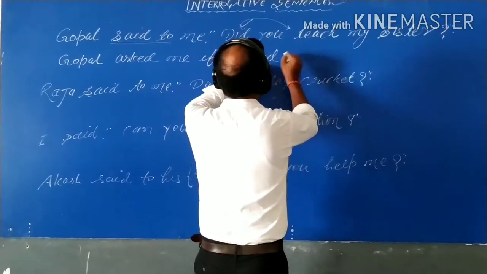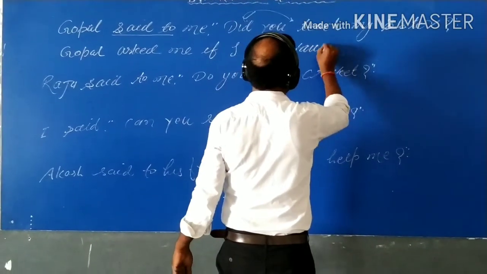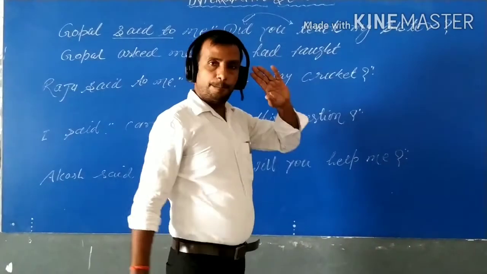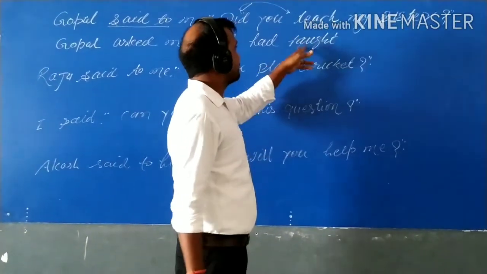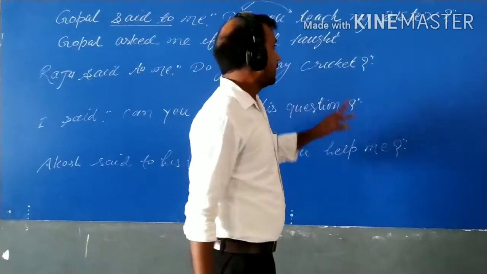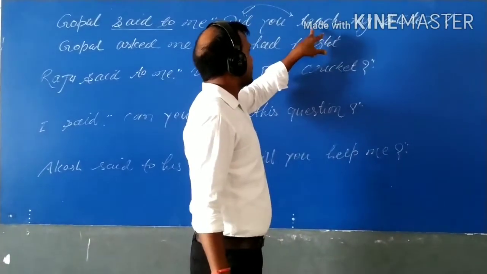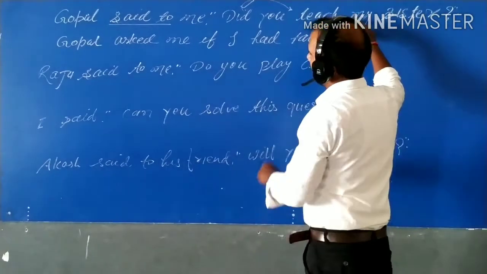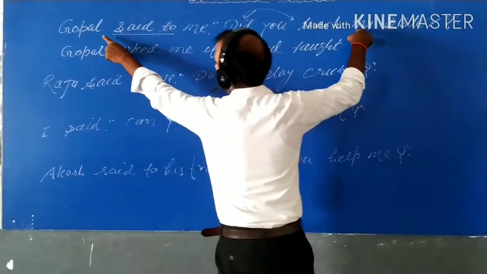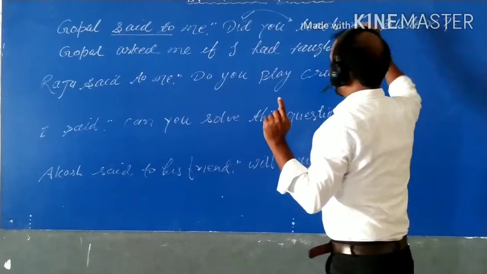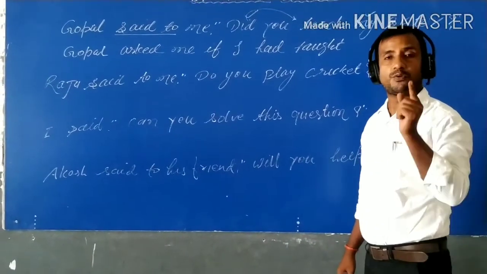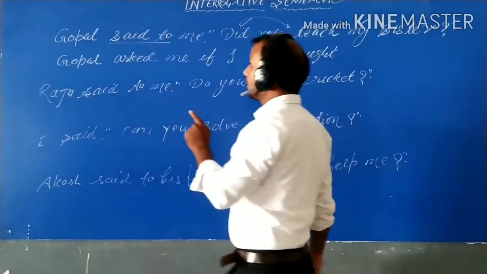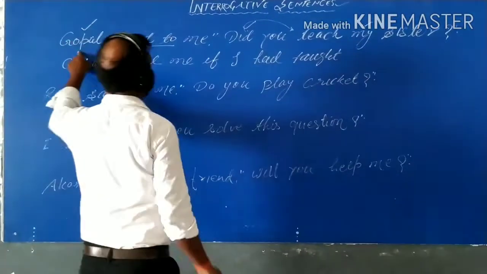I had taught, the verb in the third form, because in past perfect we have to use the third form of the verb, and the third form of the verb is taught. So "I had taught", and "my" will change according to Gopal, because "my" is the possessive case of the first person, and the first person will change according to the subject of the reporting verb, Gopal.